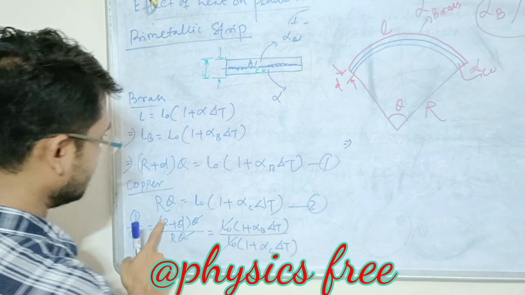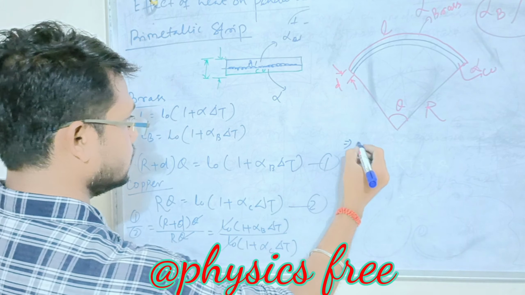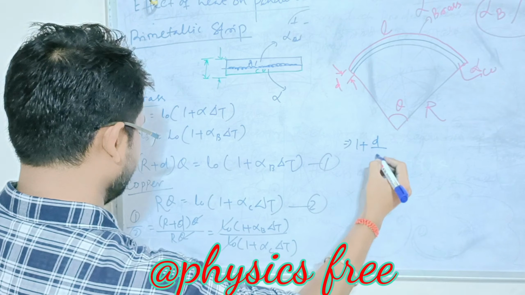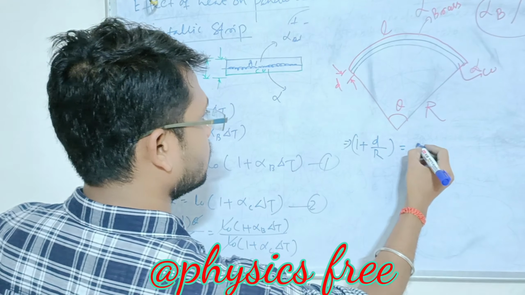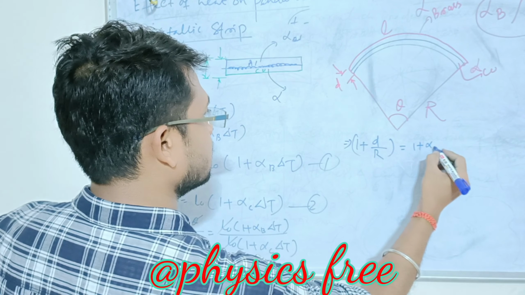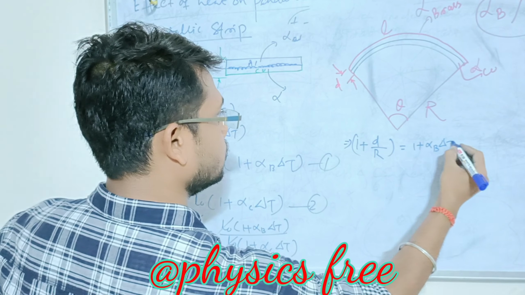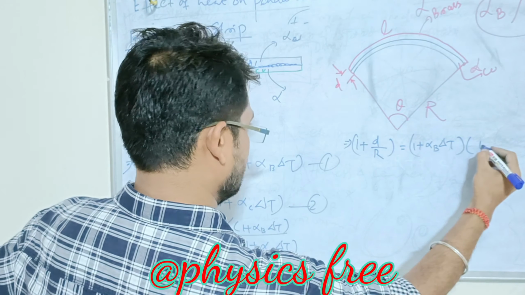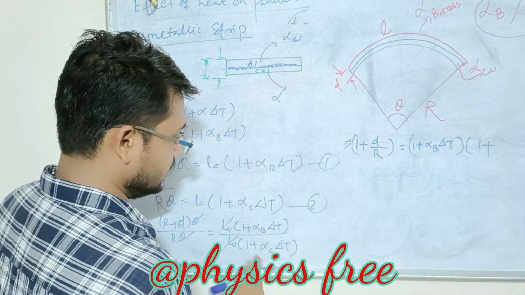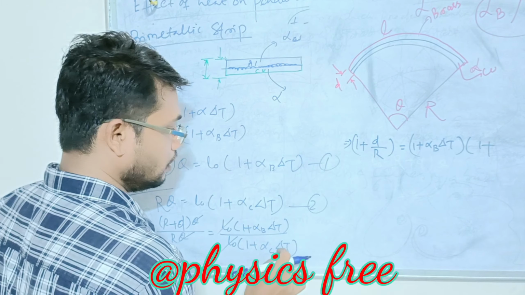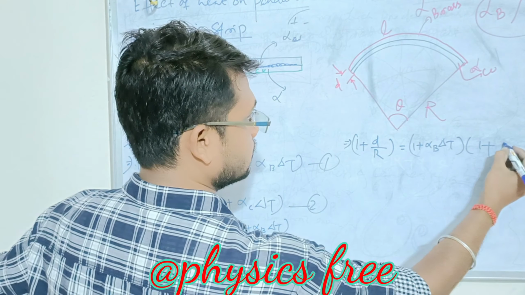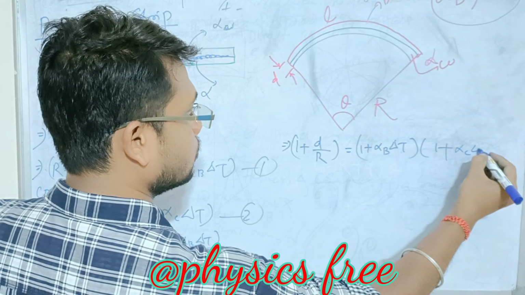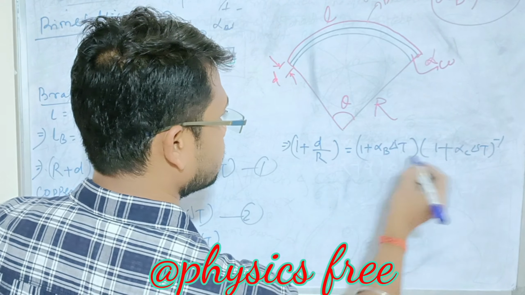So this is 1 plus d by r equals 1 plus alpha B into delta T, into 1 plus alpha C into delta T to the power minus 1.